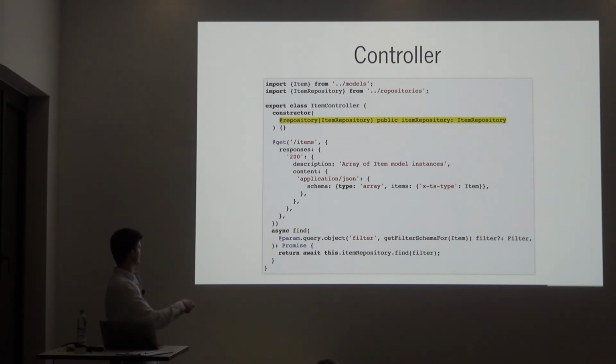It has some kind of filter, and it uses the item repository to actually get stuff done. So this is just a wrapper which is describing the REST endpoint, and it uses the item repository in this case to actually access the data.